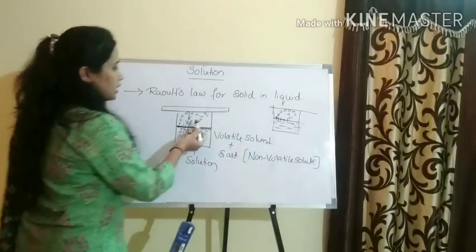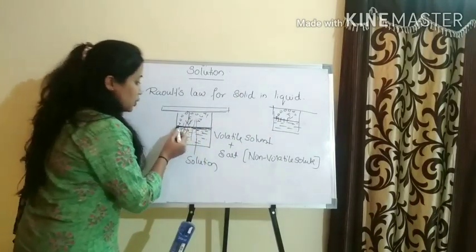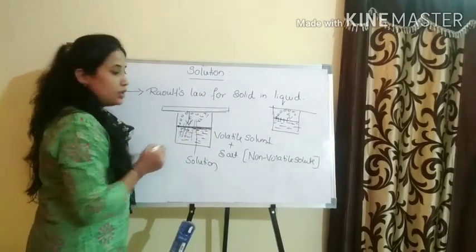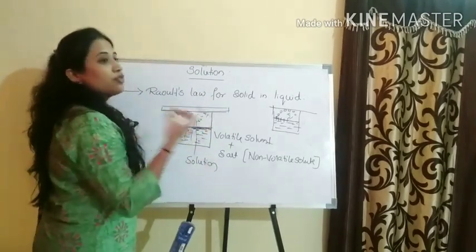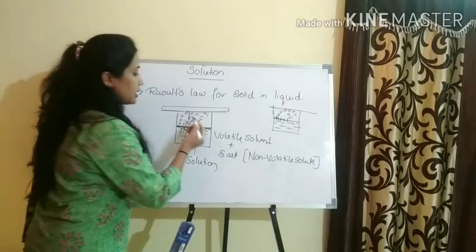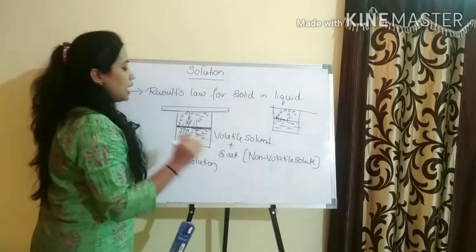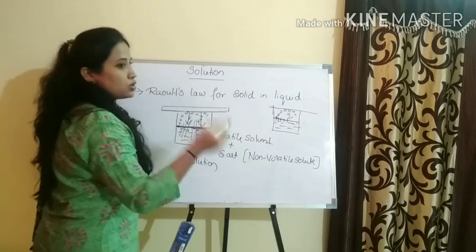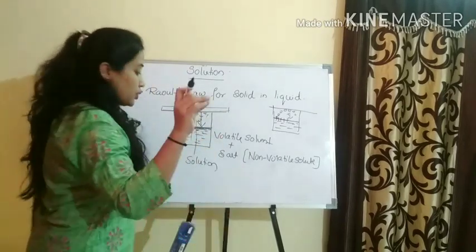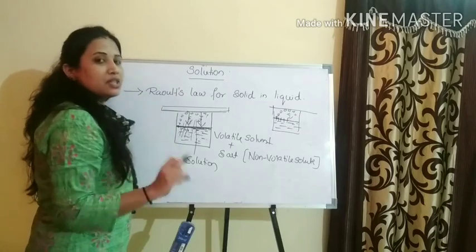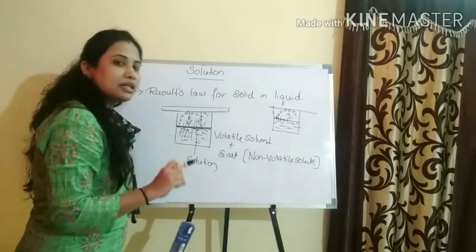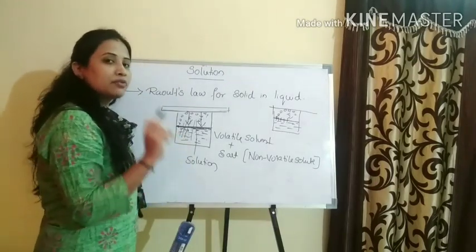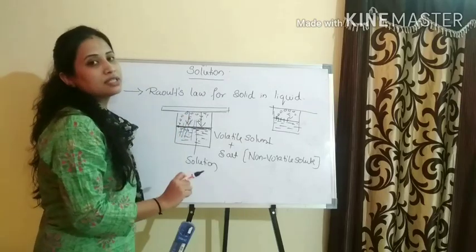Here, due to the presence of this non-volatile solute, a very small amount of solvent turns into vapor, so the pressure applied on the surface is also less. In such cases, how can we find the vapor pressure of a given solution?